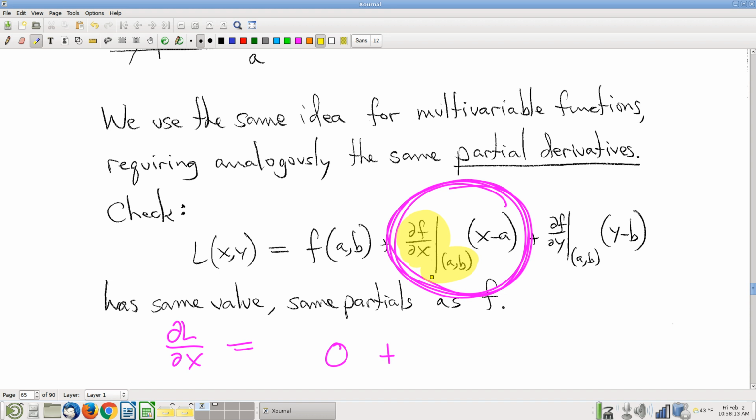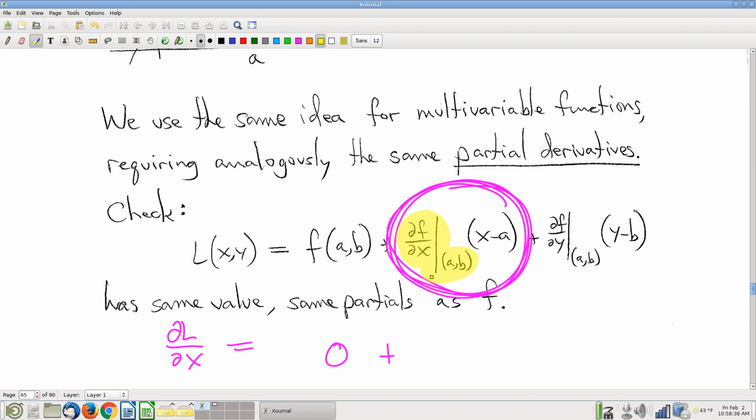So again, this says, do some calculation, get some function, and then plug in these constants. So this is actually just some number. It's whatever the partial of f with respect to x is at that specific and fixed point a comma b. So it's constant.